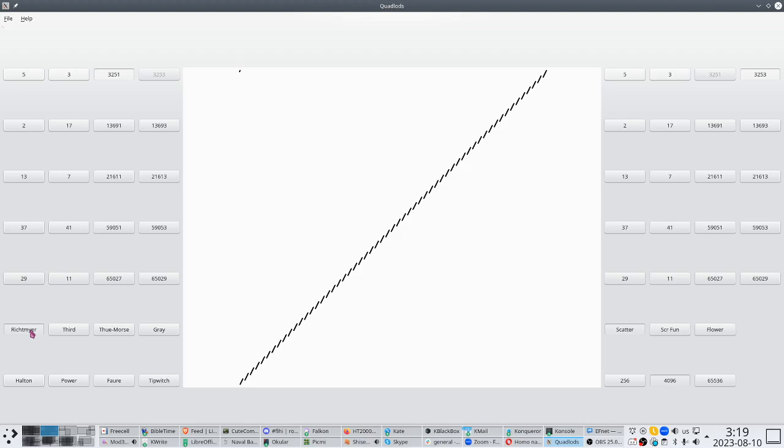The terms of square root of 3,251 plus 1 over 2 are 57, 57, 114, 57, 114, and so on, whereas those of square root of 3253 are 29, 57, 57, 57, 57, and so on forever.